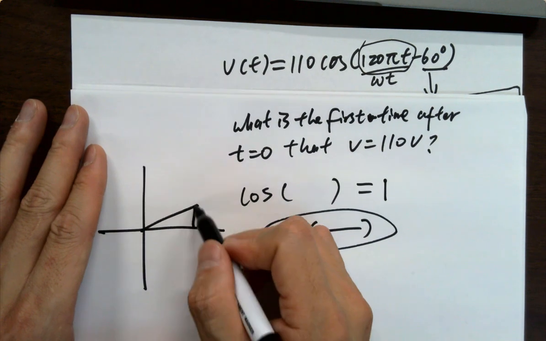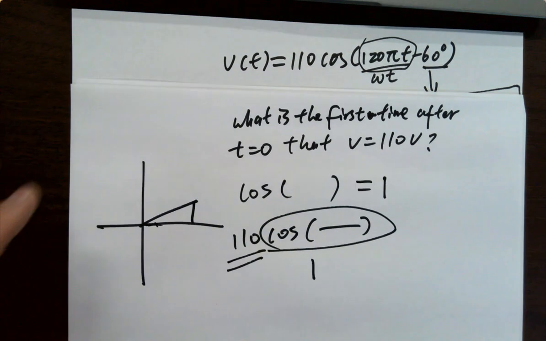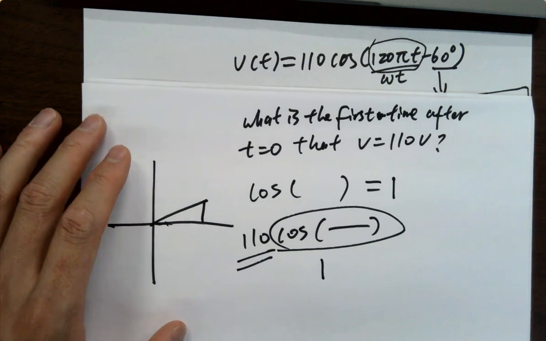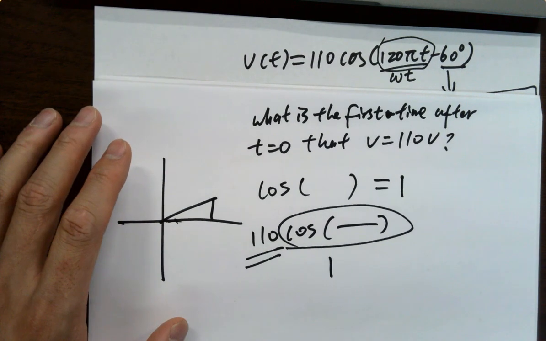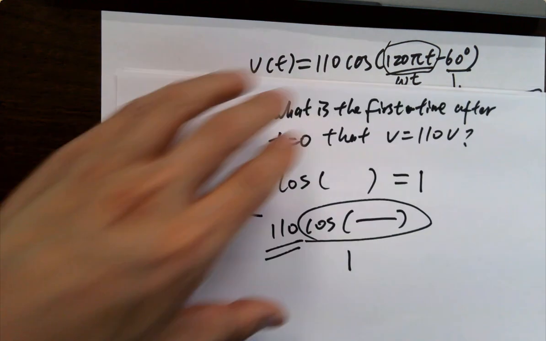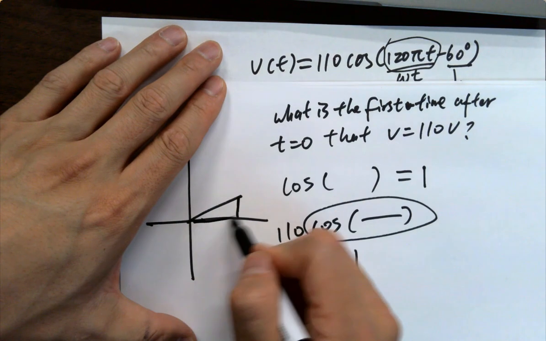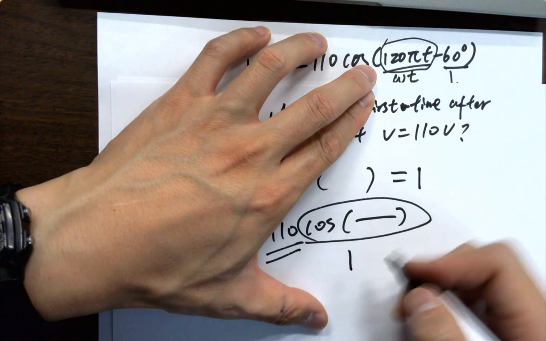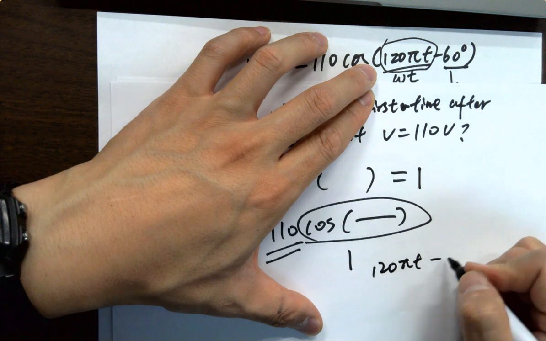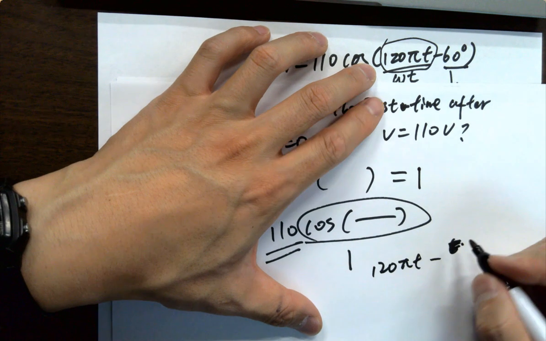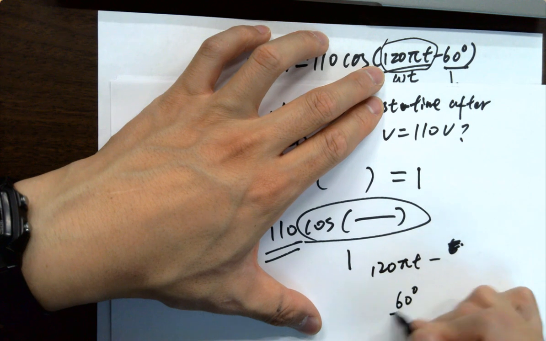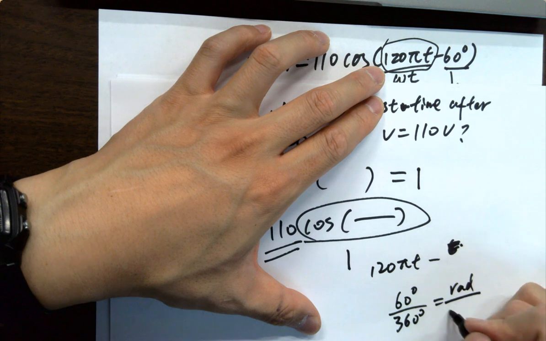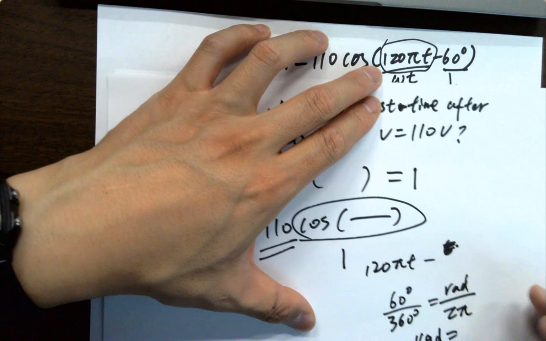So let's use 0, okay? It doesn't want you to use 0. So if you got a 0, cosine theta is 1. So you just want to make this argument 0. 120 pi t minus 60 degrees, which is, convert 60 degrees to its radians, equals what?